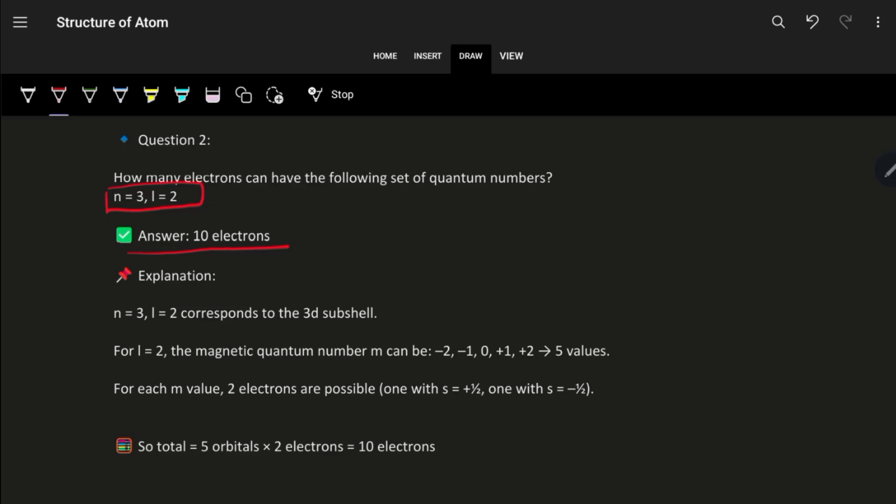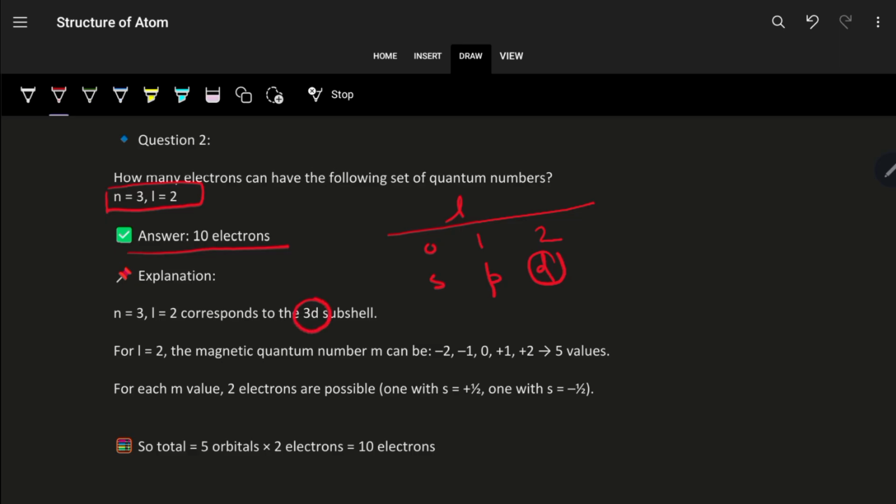How? When I'm telling n equal to 3, l equal to 2, l can have values 0, 1, 2 corresponding to s, p, d. So this is a d subshell. So it's 3d.